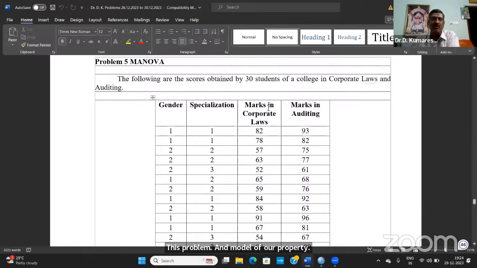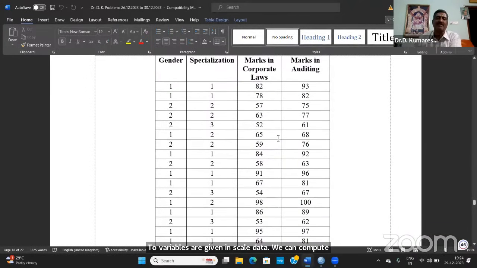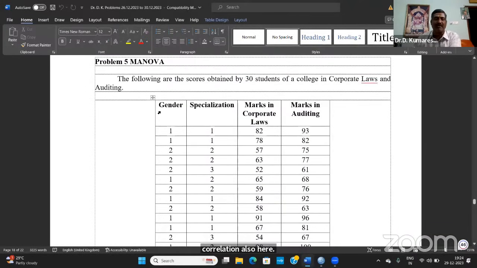See, here also two variables are given in scale data. We can compute correlation also here. There are two independent variables.